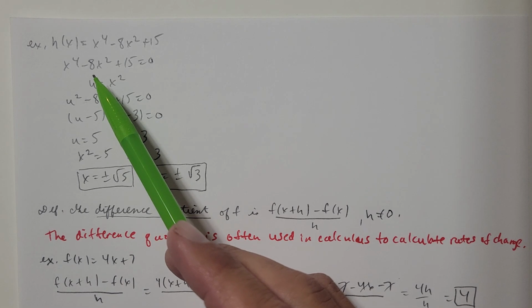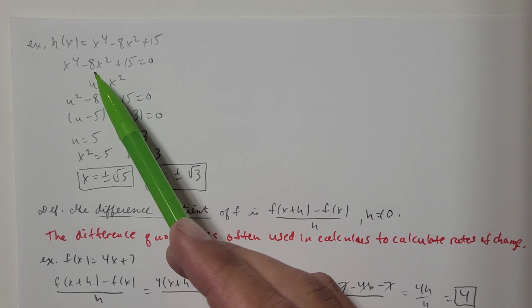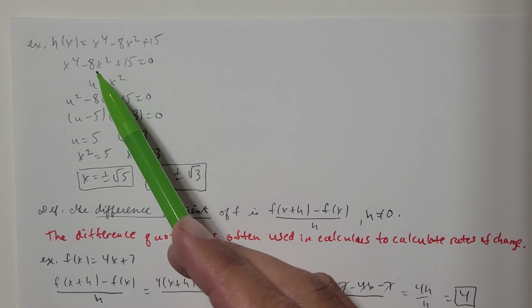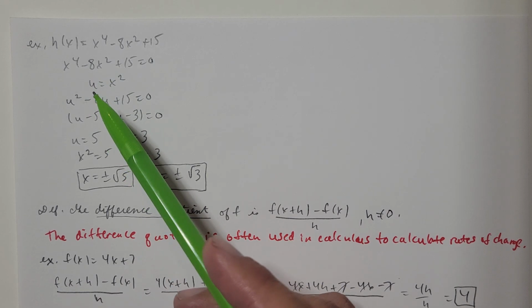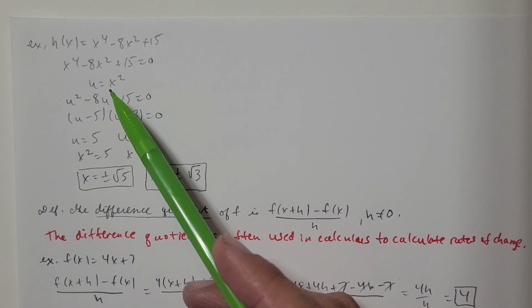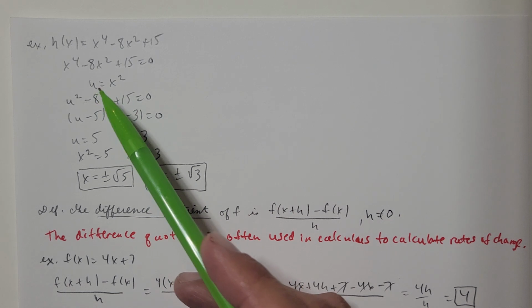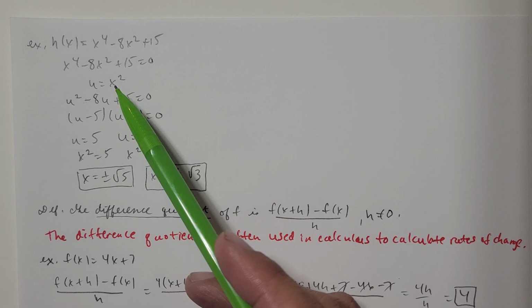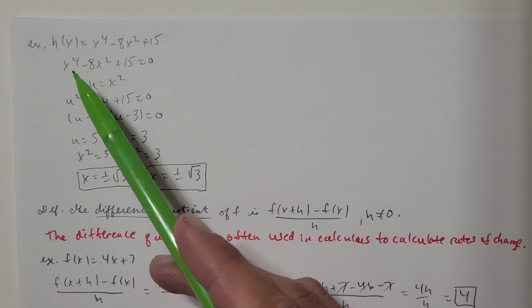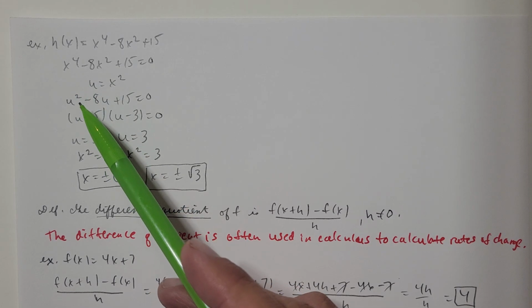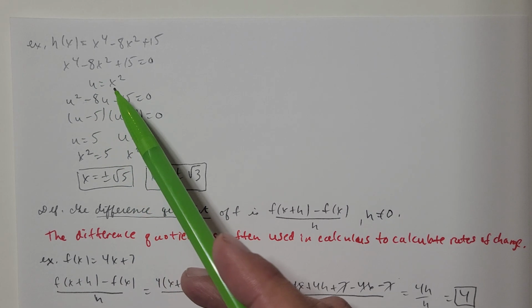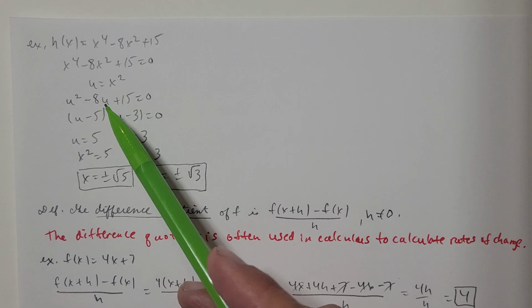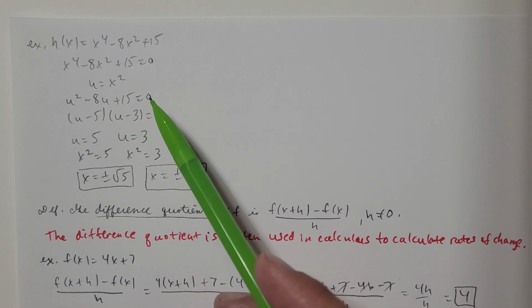Just disregard any constant that's there. So I'm forgetting about the minus 8. U is x squared. So if u is x squared and I square both sides, u squared is equal to x to the fourth. Well, I got an x to the fourth leading off, I'll go ahead and replace that with u squared. Minus 8x squared, that's what I'm calling u, plus 15, that's equal to 0.